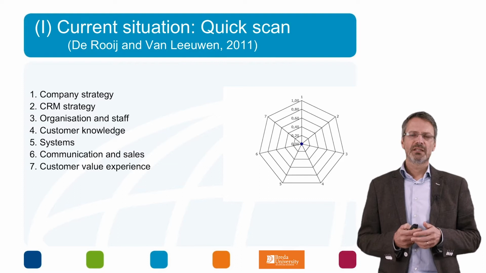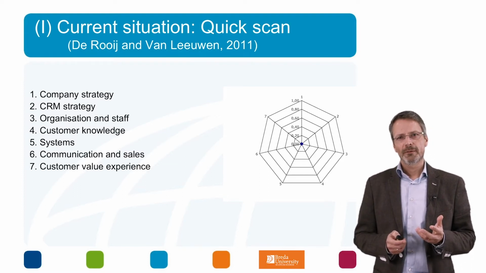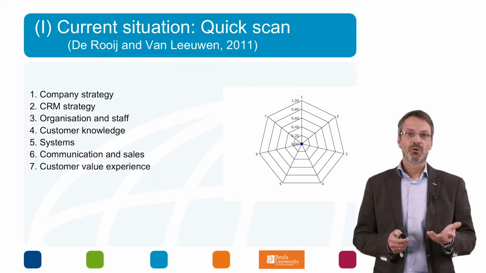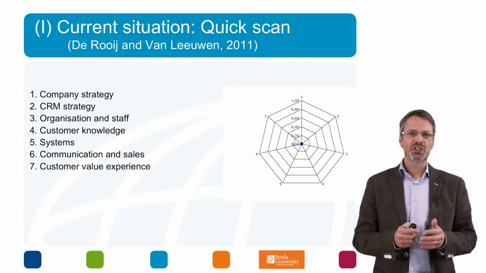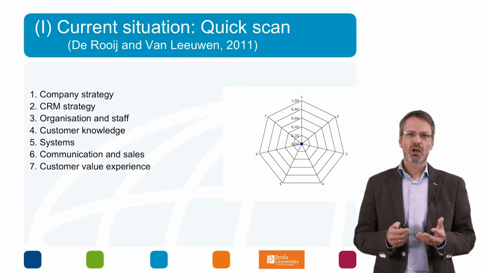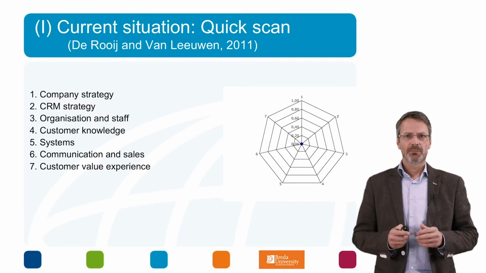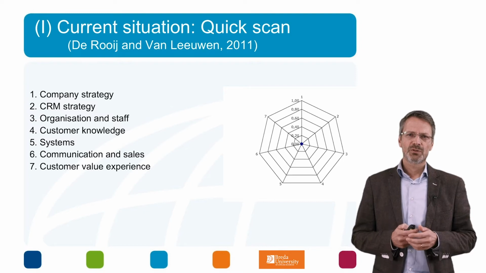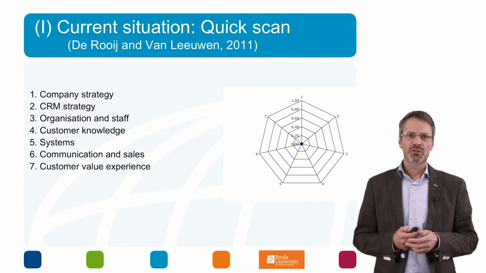What's more important in this description of the current situation is that you understand the current situation about, for example, your customer knowledge, and about the existing situation about your ICT systems. It's important to describe that in order to know where you are and the steps you need to take. I made a quick scan for this purpose related to 7 areas, as you can see, and the quick scan consists of about 120 questions.